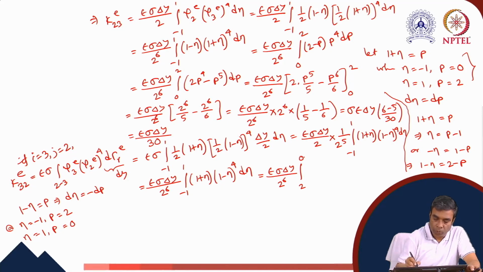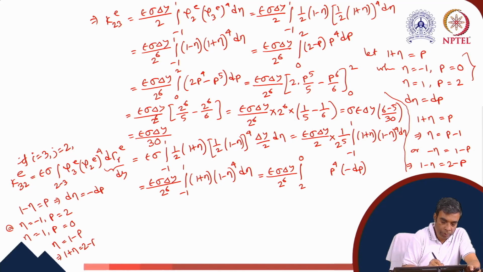Now 1 minus eta was p, so this is p to the power 4, and d eta was minus dp. Now we are left with 1 plus eta. Here eta equals 1 minus p, so 1 plus eta equals 2 minus p, and we can write it as 2 minus p.